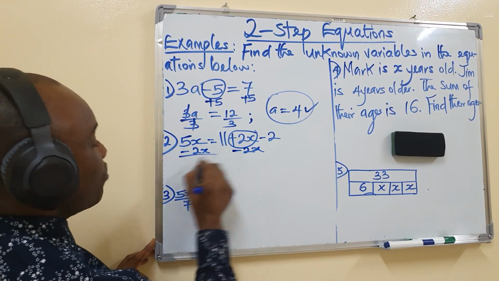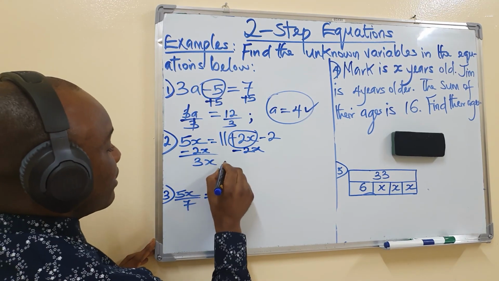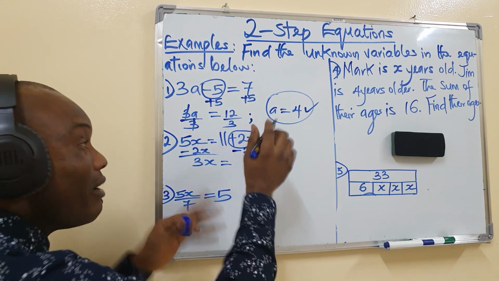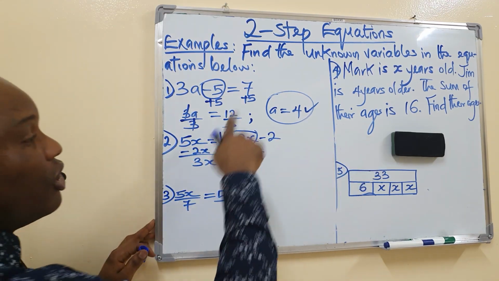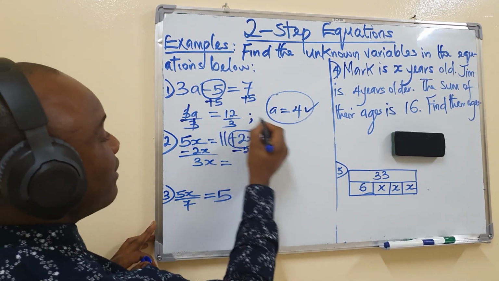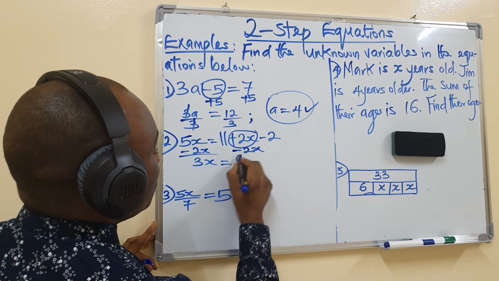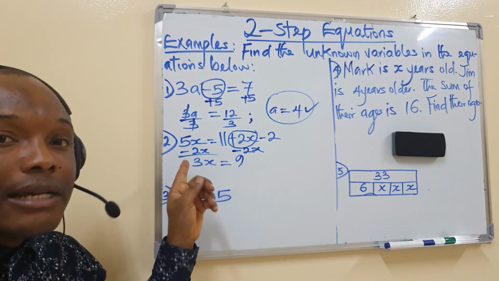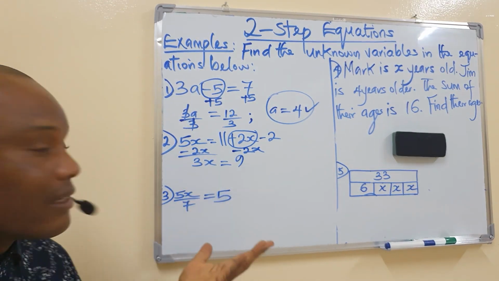5x minus 2x will give you 3x. This is equal to 2x minus 2x, which is 0. So it's already gone from the right-hand side. Now on the right, we are only left with 11 minus 2, which gives you 9. At this stage, on the left-hand side, what you have is 3 times x, or 3x.